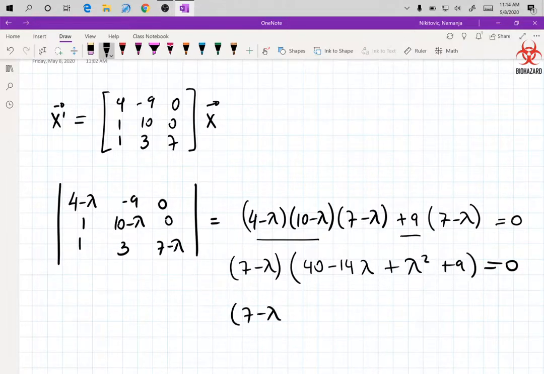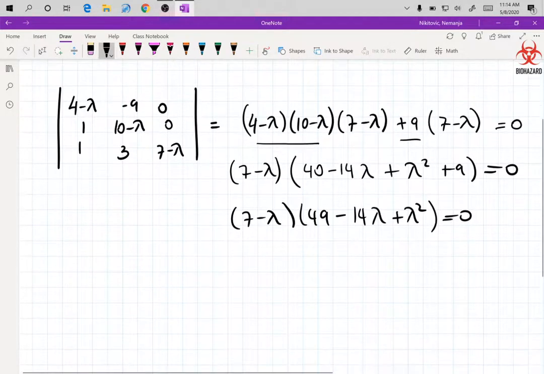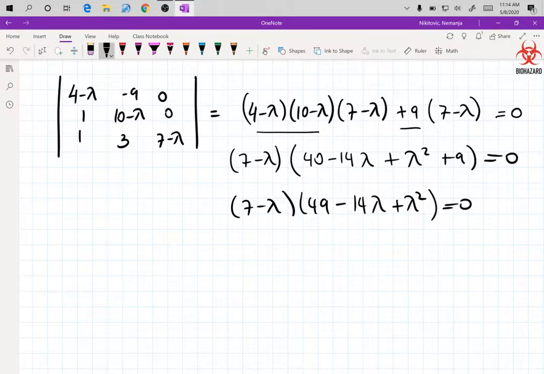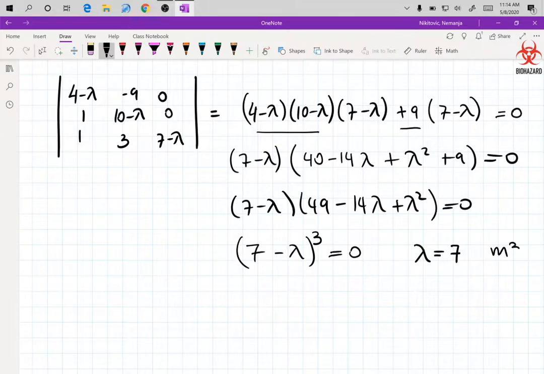And you have 7 minus lambda, and you get your 49 minus 14 lambda plus lambda squared equals 0. And this one now, 49, that's a 7 squared, and then 2 times 7 is 14 with a negative, so this becomes 7 minus lambda cubed equal to 0, from where we get that lambda is 7 with multiplicity 3, meaning that there are 3 of these guys.